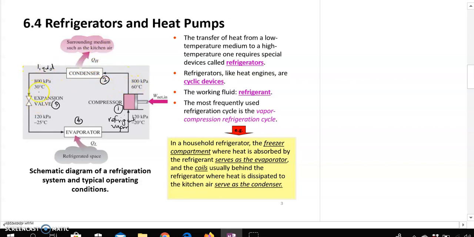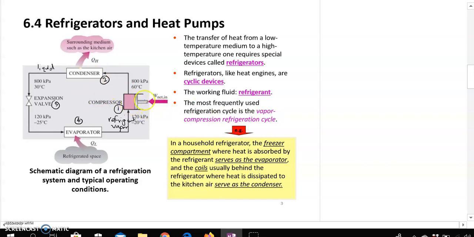Next you go through the throttling effect, where the pressure and temperature drop drastically, and then the last process, which is evaporation. From liquid you get refrigerant vapor by absorbing heat from the refrigerated space. Basically, those are the four main processes for refrigerators.